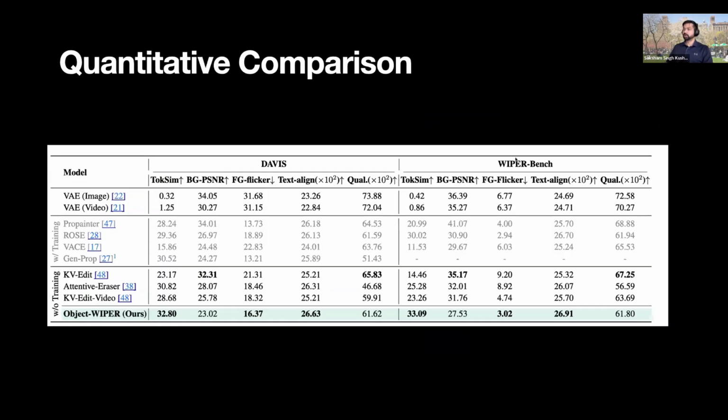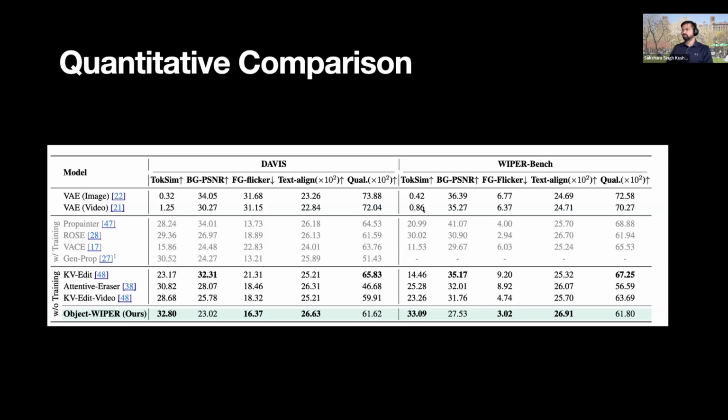Here is a quantitative comparison over the two different benchmarks that we have. We compare with training-free and training-based approaches. We also have some reference, and we go over several metrics: how well the object is removed, how well the background is preserved, and how well it aligns with the given text. We observe that our approach is able to better remove the object and better align with the text.